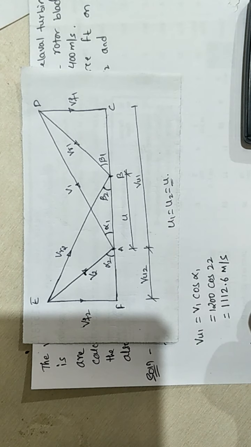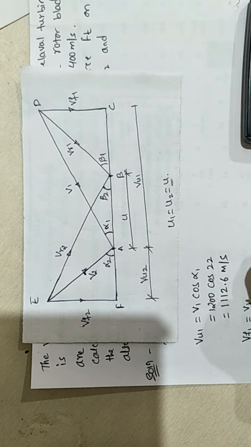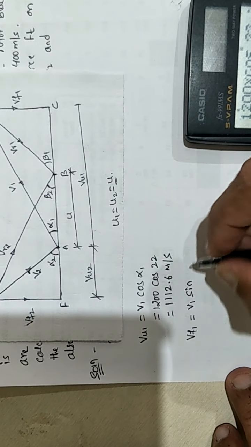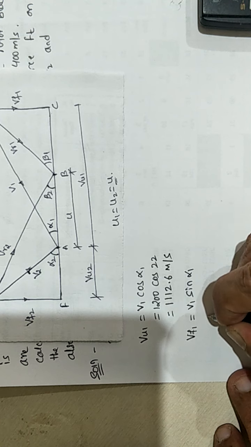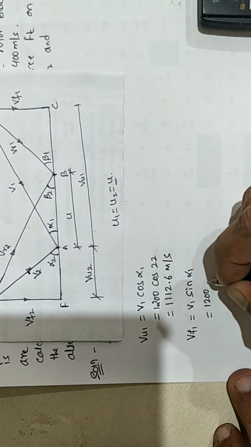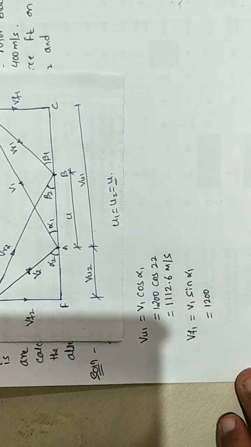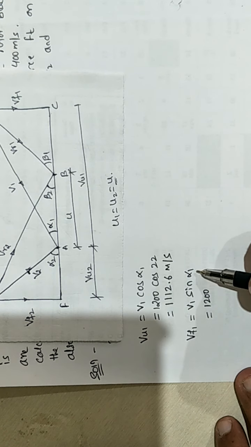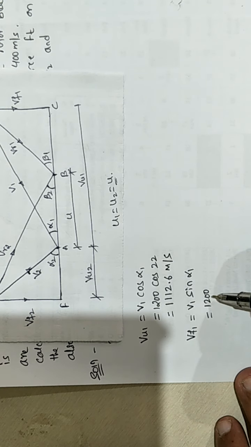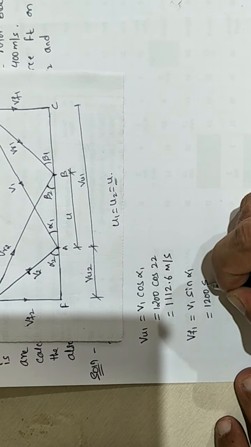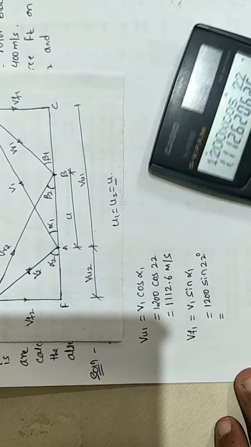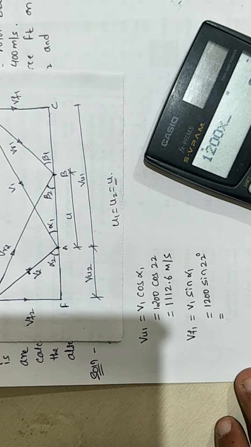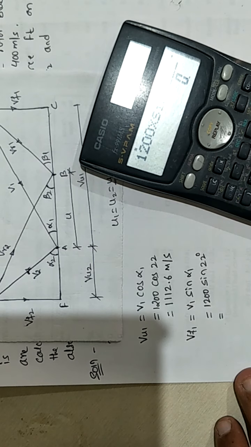Similarly, VF1 is equal to V1 sine of alpha 1. V1 is again 1200 meters per second, so VF1 is 1200 into sine of 22 degree.